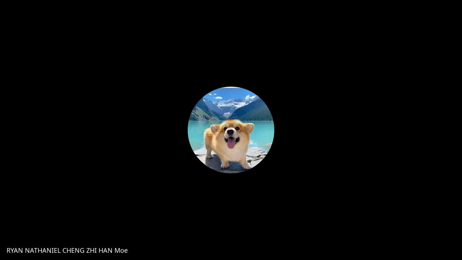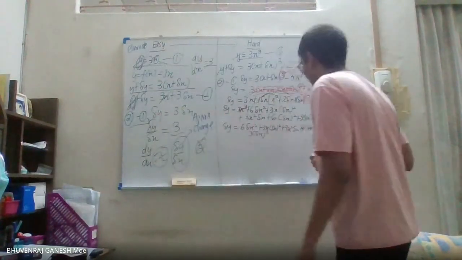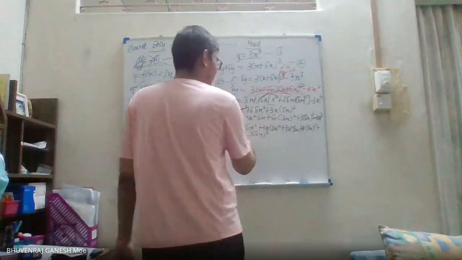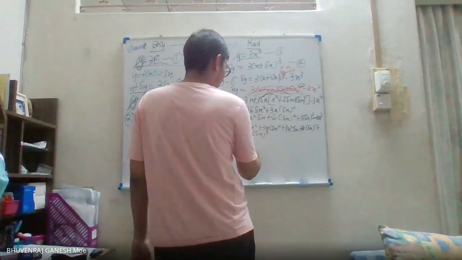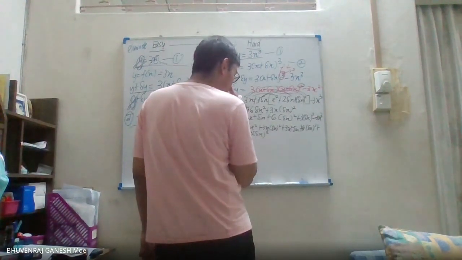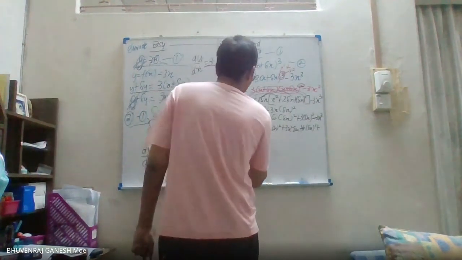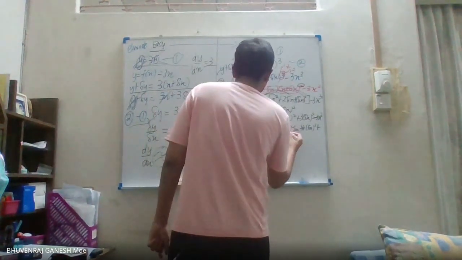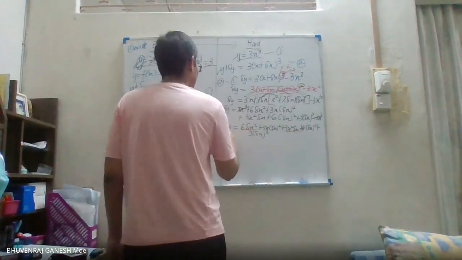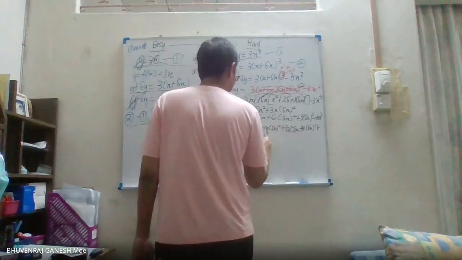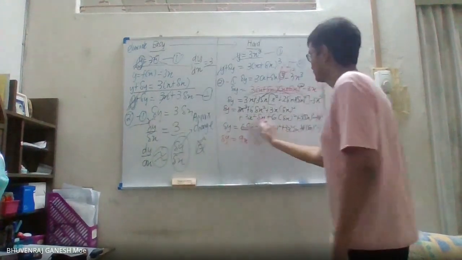So from here, we need to collect the like terms. Wait, there are no like terms here, right? Here, 6 delta x squared and 3x squared delta x. So we will get 9x squared delta x. So this one is settled.